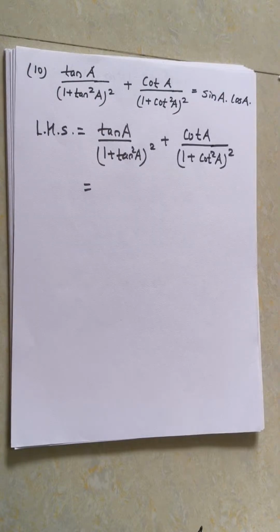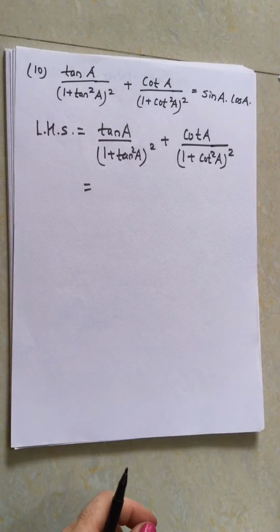So now let's convert it into 1 plus tan square A. Just reply me. What is the answer of 1 plus tan square A? By using trigonometric identity, 1 plus tan square A is equals to sec square A. Do you remember that?